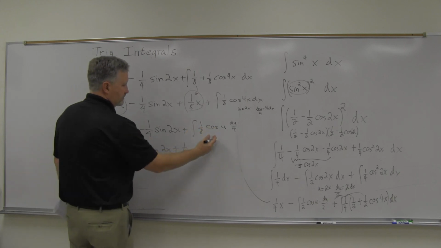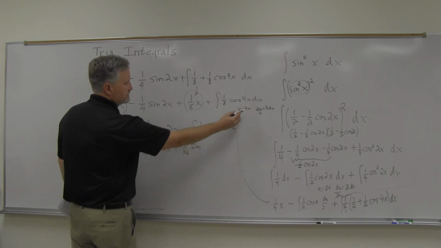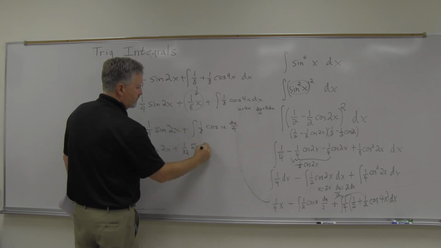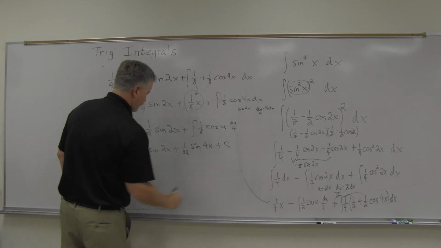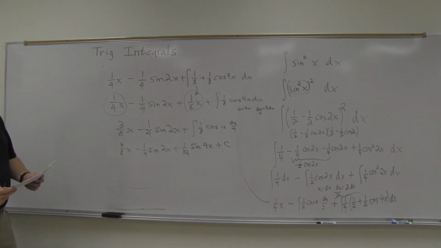And the antiderivative of cosine is sine. But in this case, u was 4x, so it'll be sine of 4x plus c. How's that?